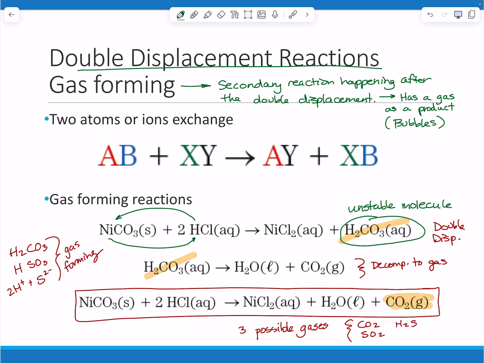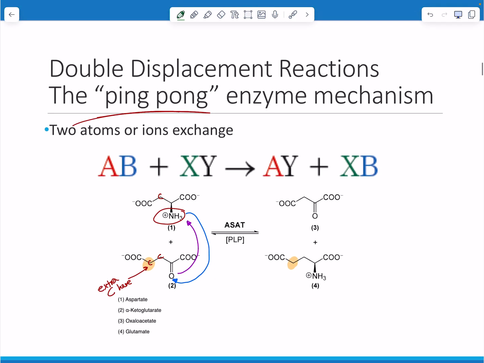And our last example of double displacement is something called a ping pong enzyme mechanism. I went through it quickly at the end of last class, and we'll go through it in more detail now.